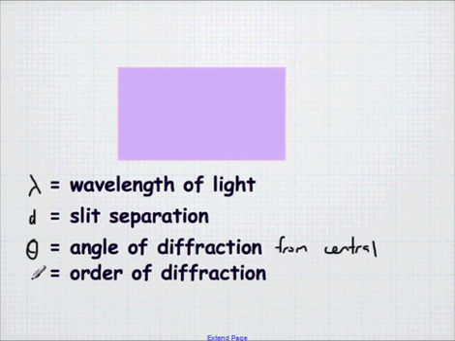N is equal to the order of diffraction. Remember, N equals 0 straight, N equals 1 is the first one to the side, N equals 2, and so on. So the formula in this case is N lambda equals D sine theta.